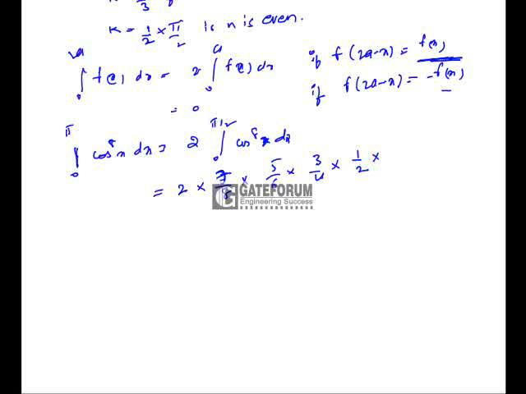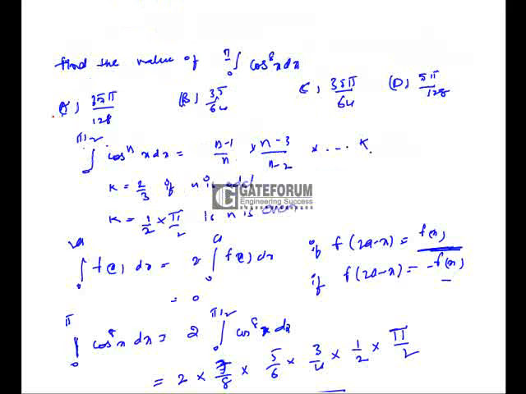If 1 by 2 is there, we have to multiply by pi by 2. So if we solve this one, we would be getting the answer as 35 pi by 128, which is option A.